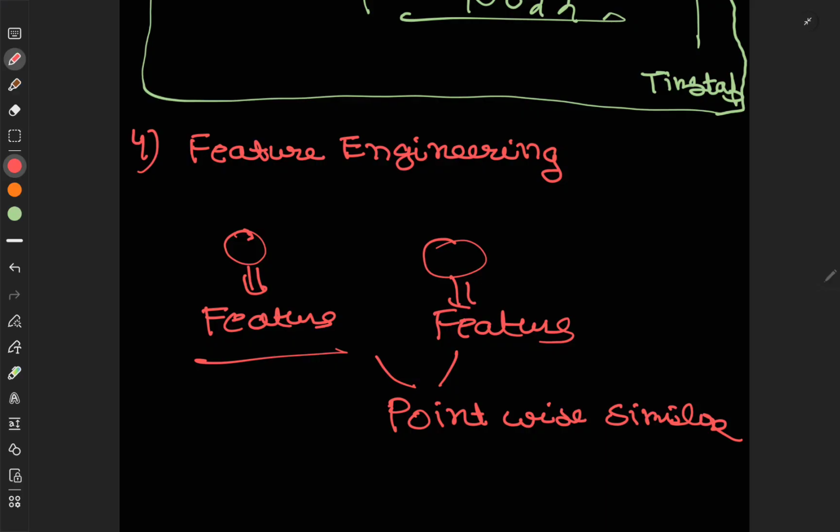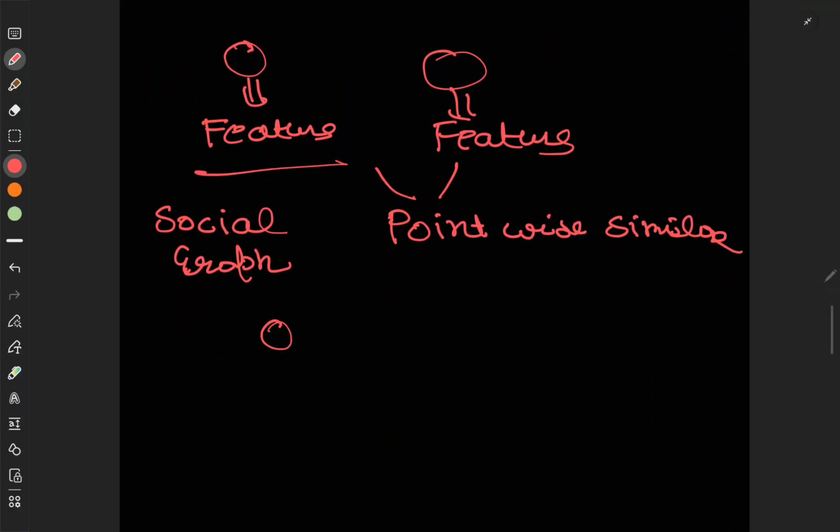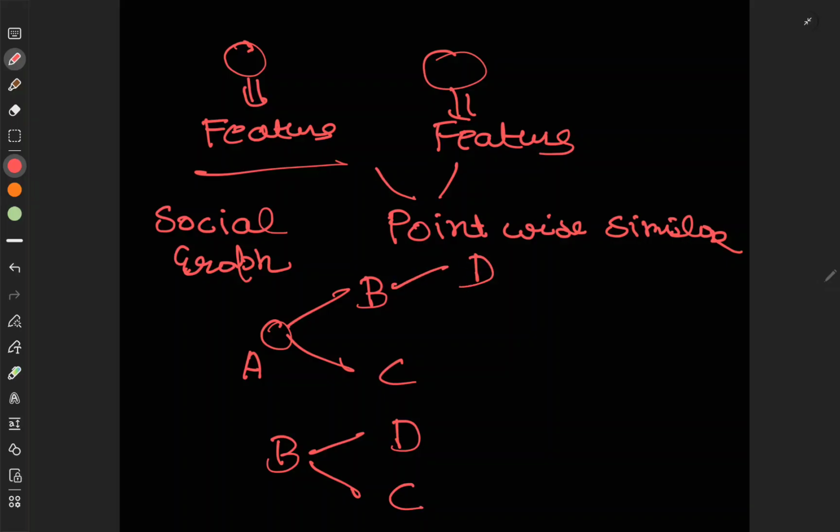But don't you think that here we are not considering their social graph? What does this social graph even mean? So for example, let's say there is a user A, and he is friends with B and C, and then B is a friend of D and C. So don't you think that A should also have a recommendation of D as well?